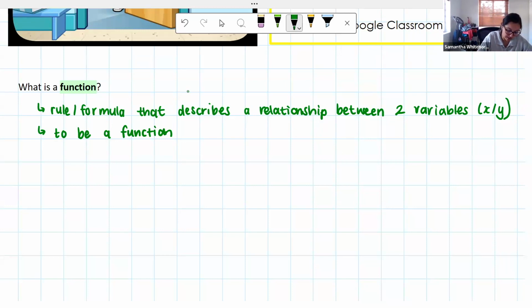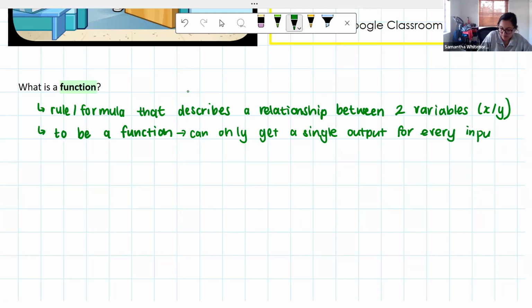I'm just going to write this down and then I'll explain what I mean. Okay, so what I mean by that is, for a relationship to be a function, we can only get a single output for every input.